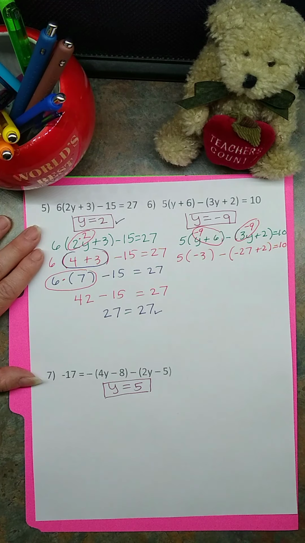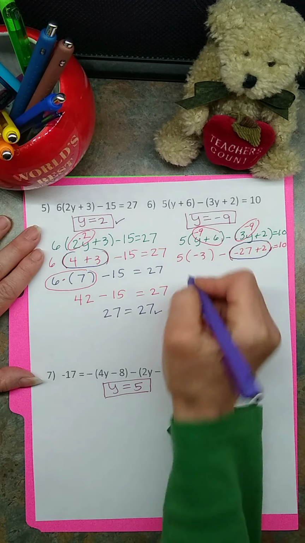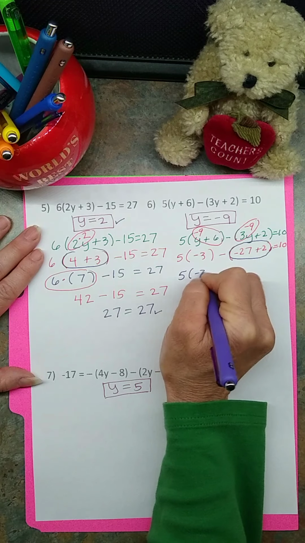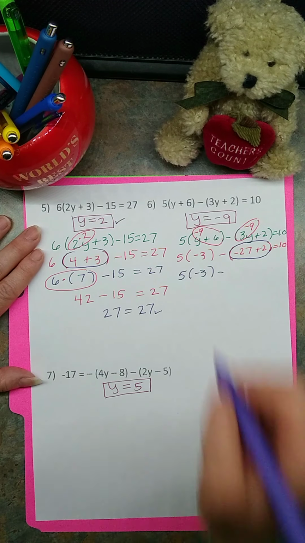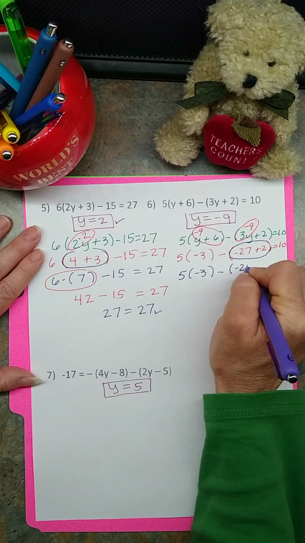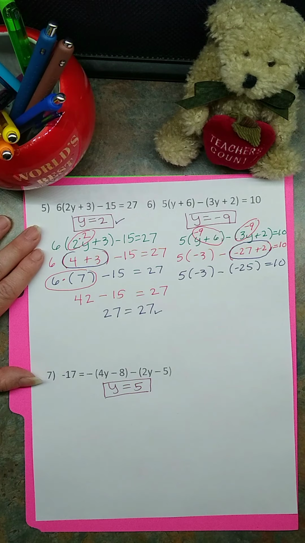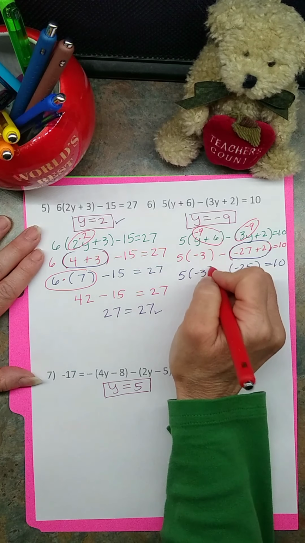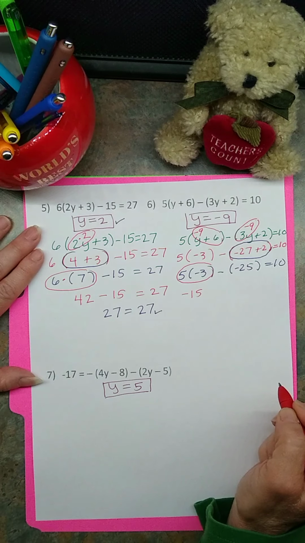I need to do order of operations, which is this parentheses right here. -27 plus 2 is a -25. Okay, now I'll do my multiplication. That's here, -15.